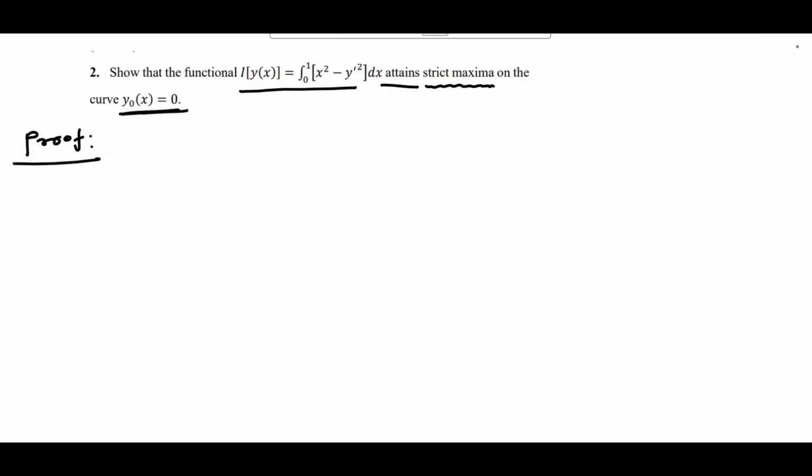So now let us consider the given functional, I of y of x equal to the integral from 0 to 1 of x square minus y dash whole square. So now here it should be y square, not y dash square. So the given functional I of y of x is equal to the integral from 0 to 1 of x square minus y square dx.